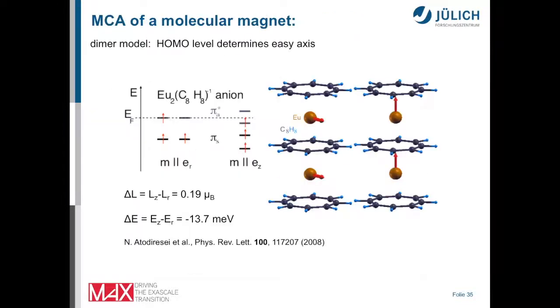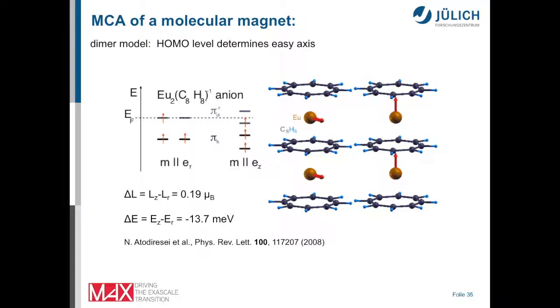So in a very simple example, in a molecule, this is this europium cyclooctatetraene sandwich here. You have two europium atoms sandwiched in this structure, and if the magnetization is in the radial direction, then you have two levels in the system which are degenerate.